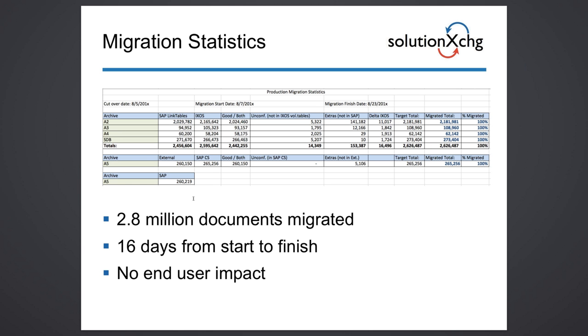So we were limited to 250,000 documents per day for effective migration tasks. And we had quite a few different logical archives: A2, A3, A4, A5, and an SDB archive for SAP Office documents in different locations, two different archiving systems consolidating into one, as I said before.